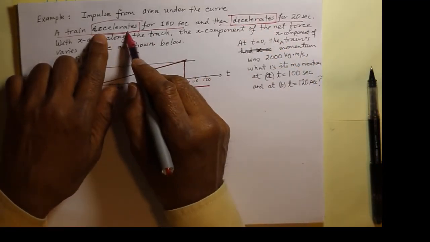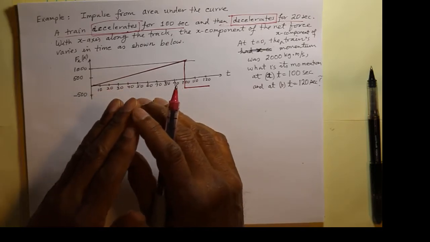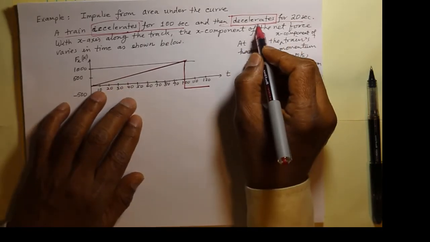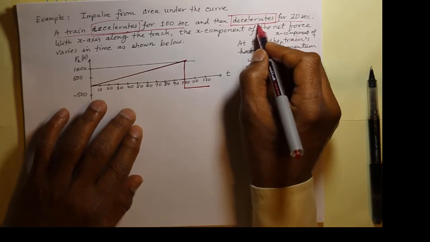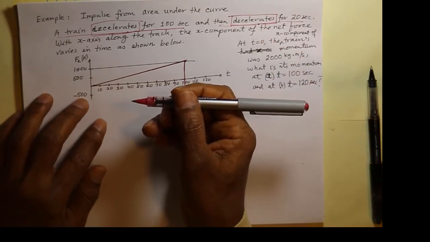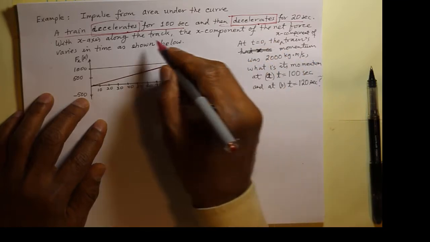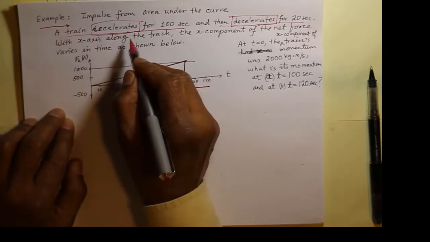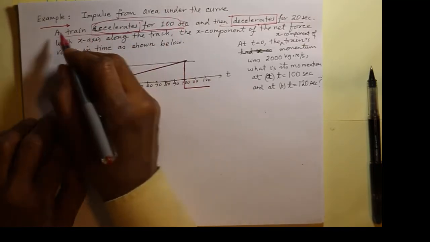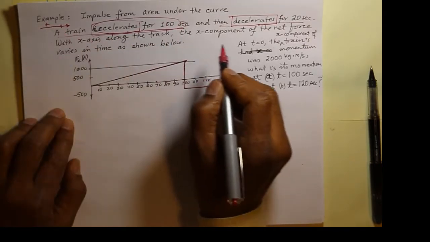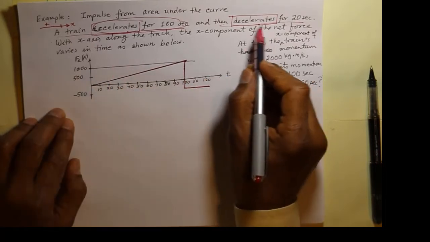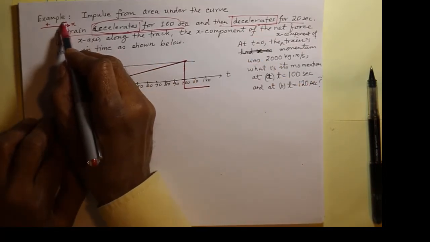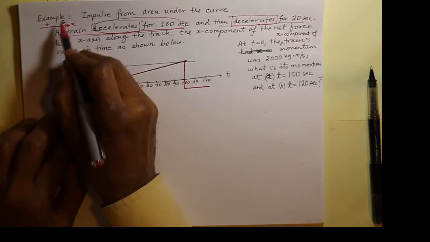When something is accelerating, acceleration is pointed in the direction of the motion, and when something is decelerating, acceleration is pointed opposite to the motion. So if the train was going that way, force on this side is positive along the x-axis, and when decelerating over here, the acceleration is pointed that way, so this force will be negative.